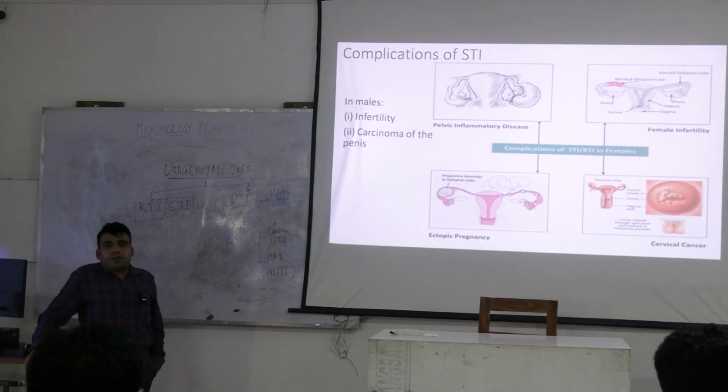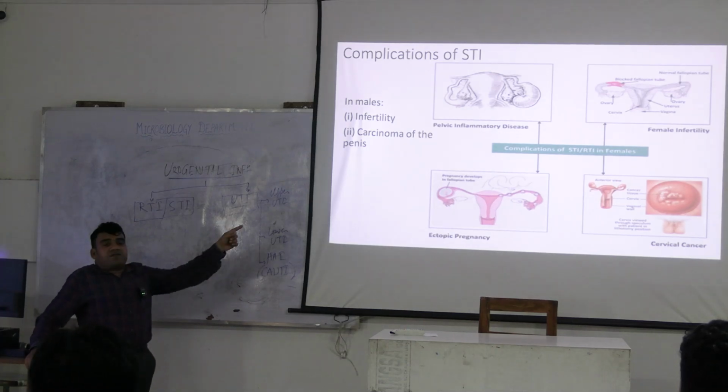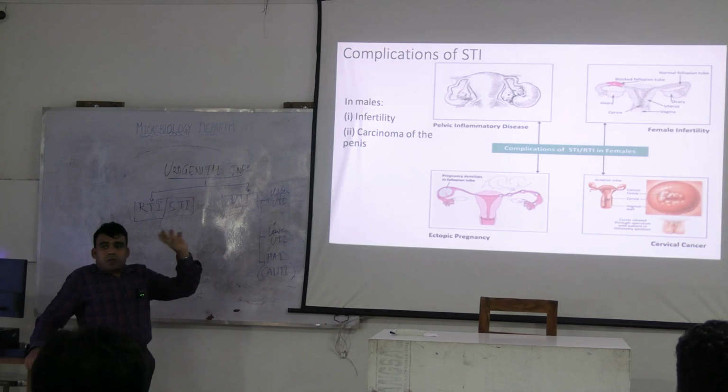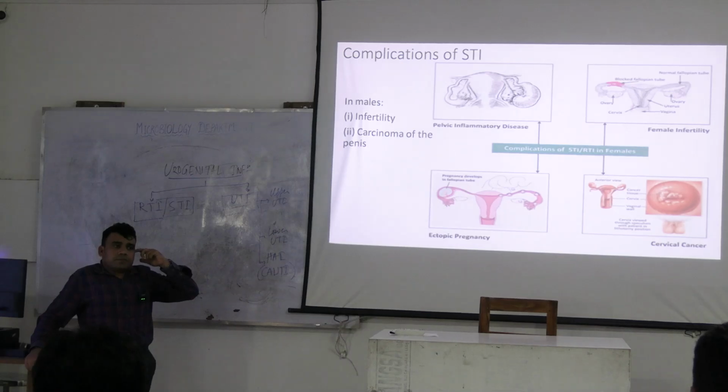Where does fertilization take place? Where does implantation take place? Uterus. So after fertilization, the fertilized ovum must reach the uterine lining. How does it get there? By the movement in the fallopian tube.